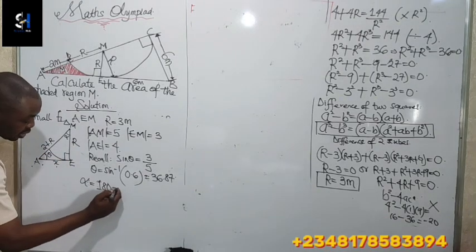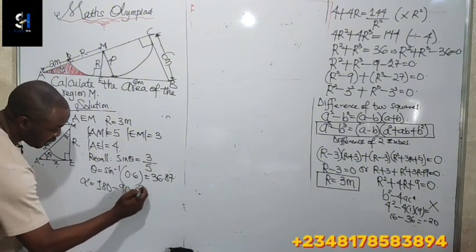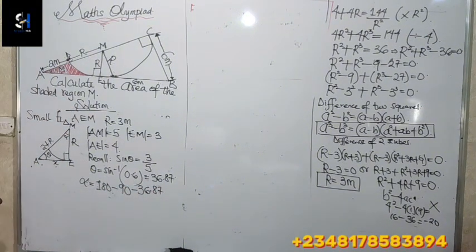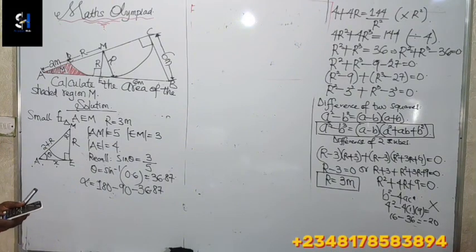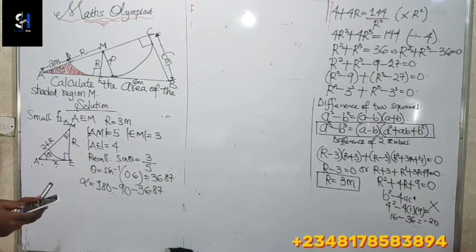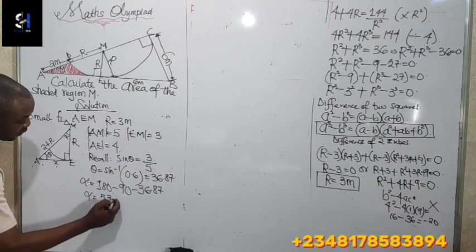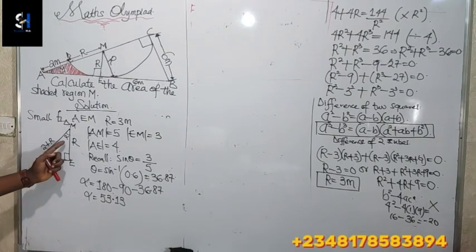This angle is 90 degrees, so we have 180 minus 90, then minus 36.87. This will be 53.13. So we now have the size of angle alpha to be 53.13 degrees.